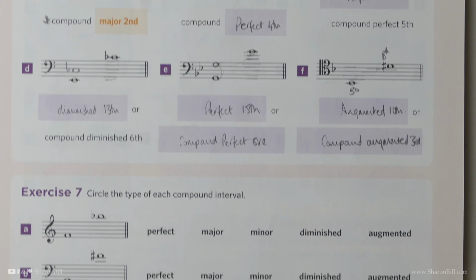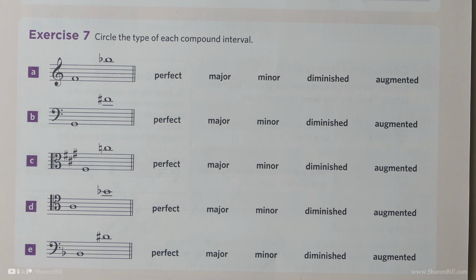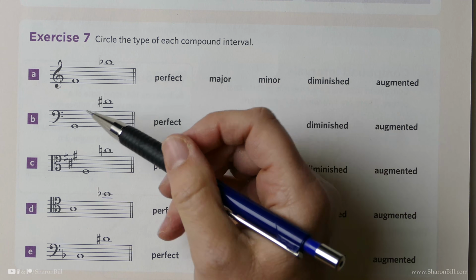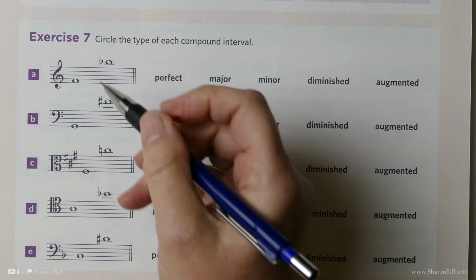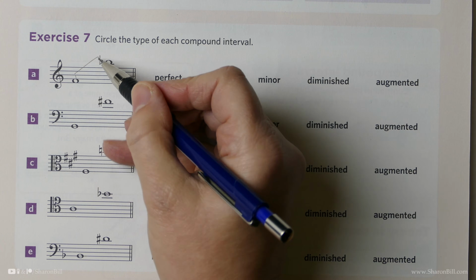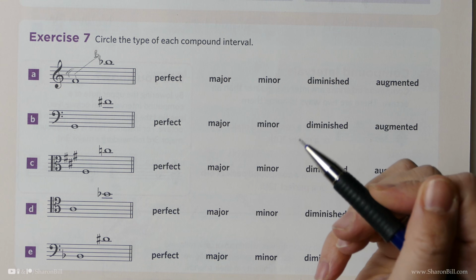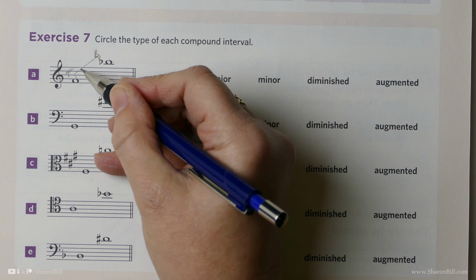So now we've been given the intervals, and we've just got to say what sort of interval that is. And we can't do that until we know the number of the interval, because we need to know if it's perfect or major and so on. So here we have F to B flat, which we know is a perfect interval. It would be 1, 2, 3, 4, a perfect fourth.